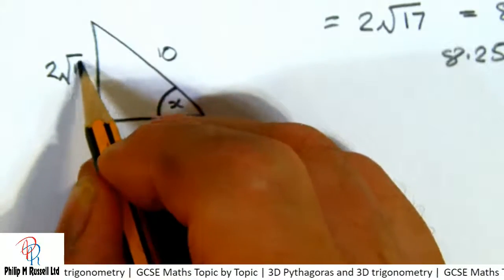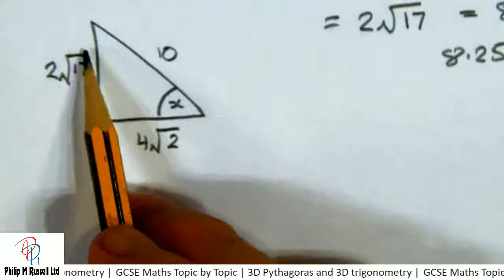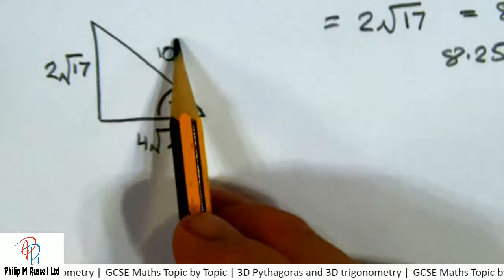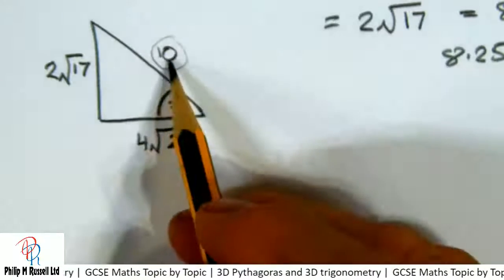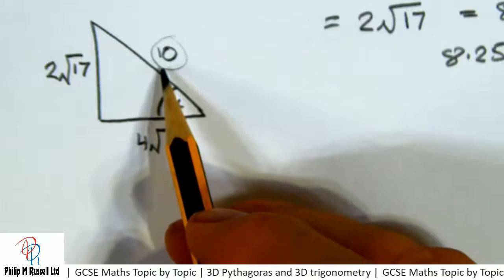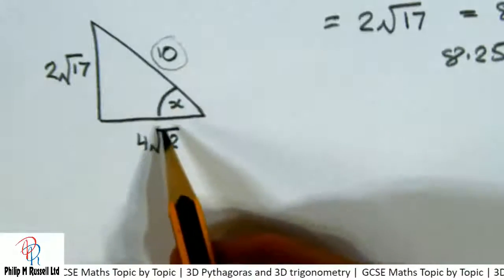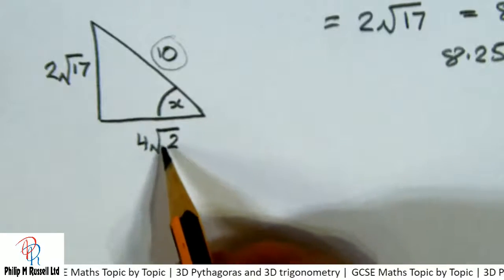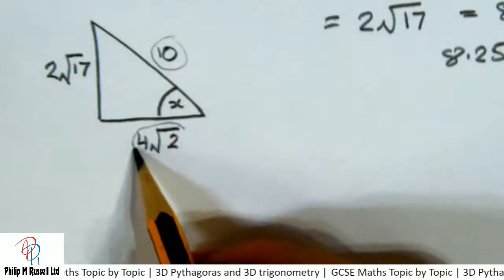It's 2 root 17. I'm probably better off using the 10 because that was one of the values that's given to me, and generally as you go through the sum you tend to make more mistakes, so let's use this one.